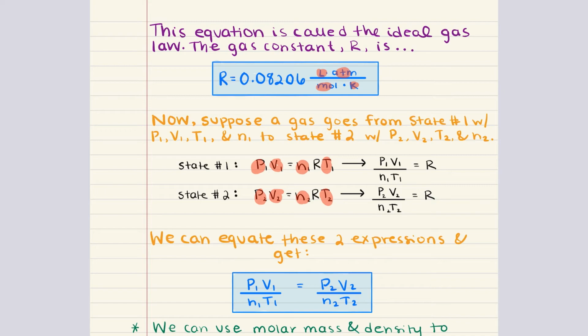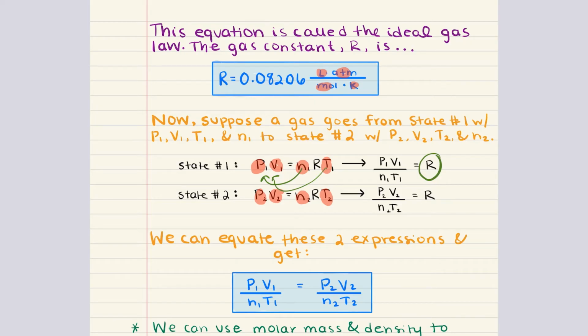Okay, we can relate these states mathematically. How? Well, we can rewrite the ideal gas law for each state to equal the gas constant R. So we can shift things around so that we have an expression for state 1 that equals R. We're going to move N1 and T1 to this side. When we do this, we get that R equals P1 V1 over N1 T1.